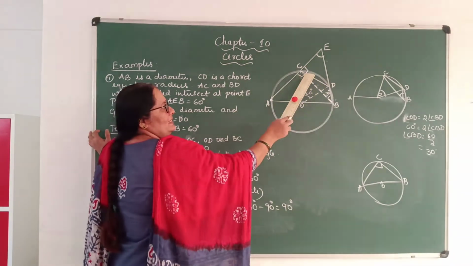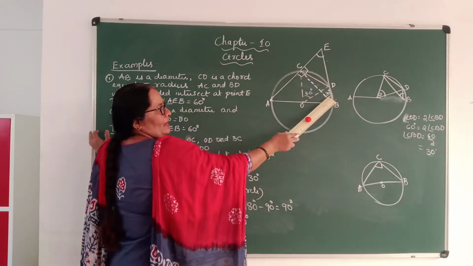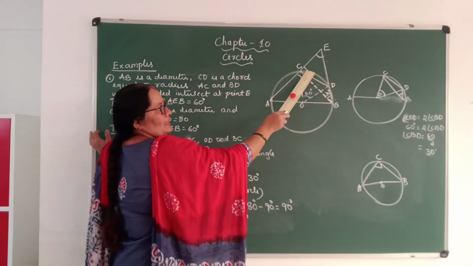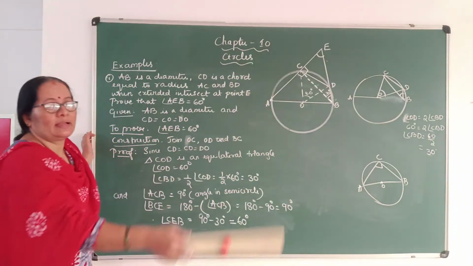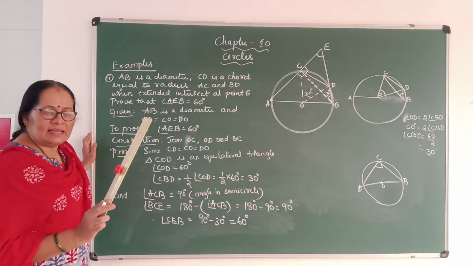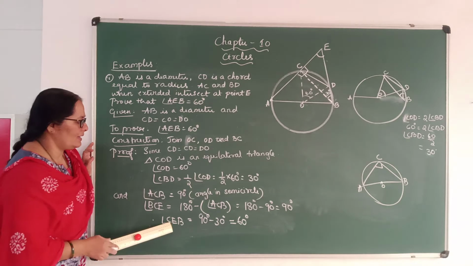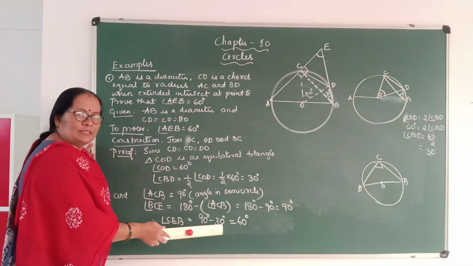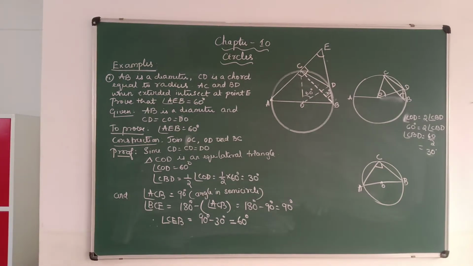In triangle BCE, one of the angles is 30, another one is 90. Then the third angle will be 180 minus 120, which is 60 degrees. Therefore, angle CEB equals 60 degrees.